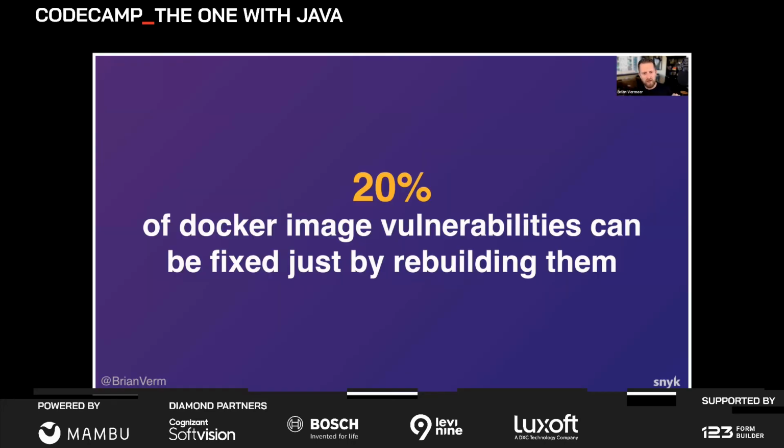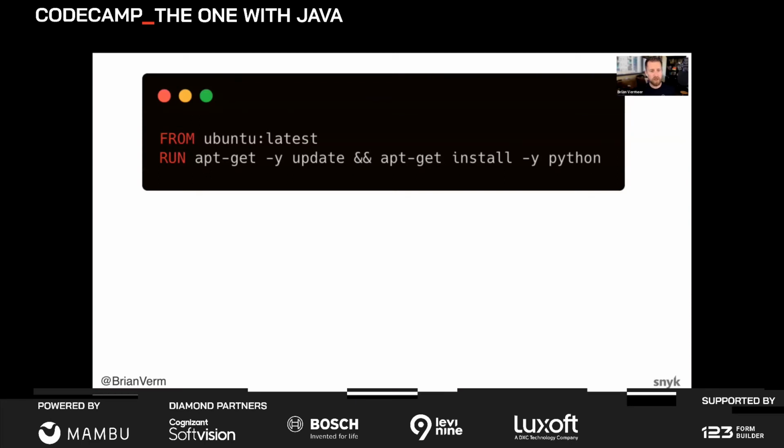And more importantly, 20% of the Docker image vulnerabilities can be fixed by just rebuilding the same image. Because we do a lot of this. We do a lot of, hey, get me from Ubuntu. And I now already said latest. But if I don't do it, it automatically passes the latest. But the latest now is not the latest tomorrow or the week after. So if I do that and combine it with binaries like I do here, I install Python with apt-get.